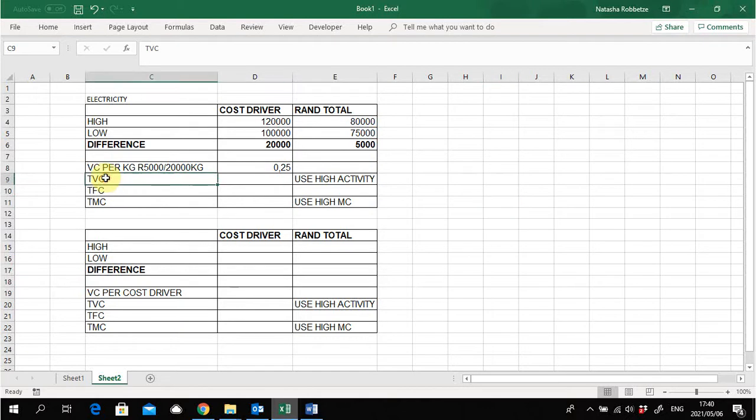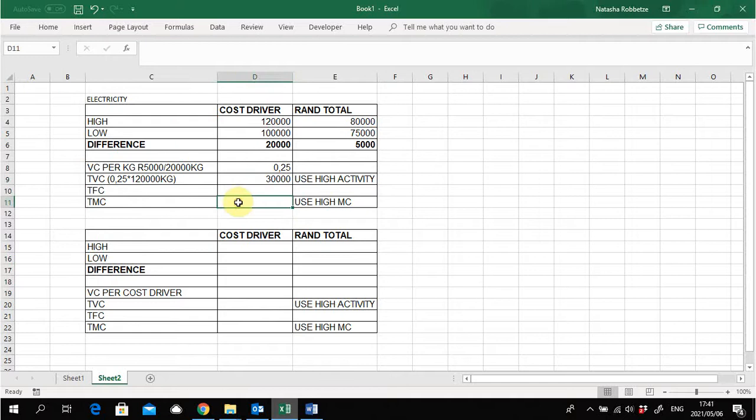Now I want to get to my total variable cost, so I need to times it by the highest activity. It would be now the 25 cents I've just calculated for the variable cost, and I'm going to times it by the highest activity, and that was 120,000 kilograms. If I do that calculation, I get to 30,000 Rand.